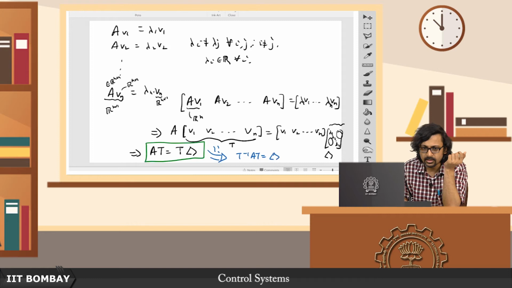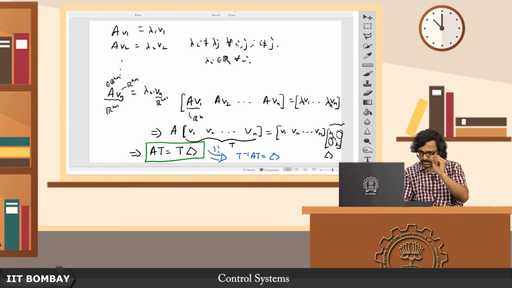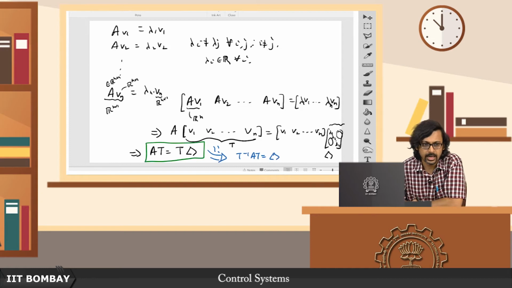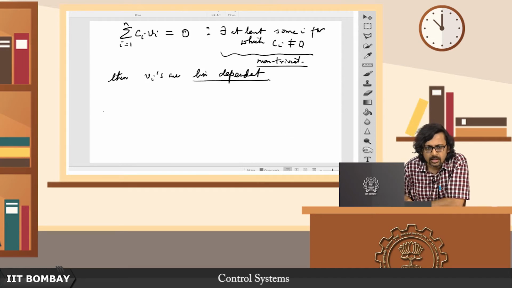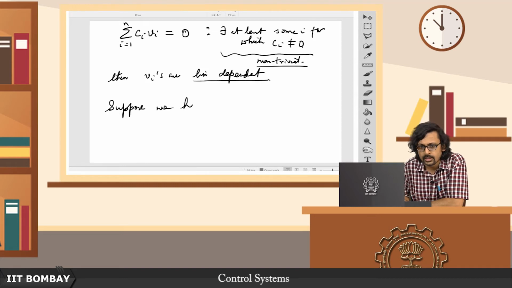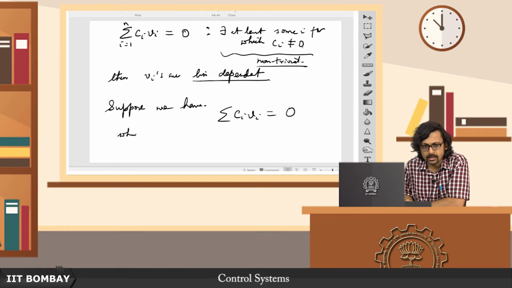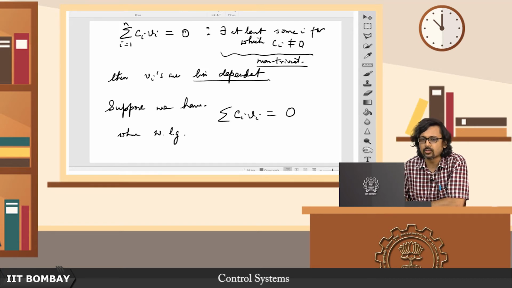So we have come this far, and the only thing that we now need to ensure is that this T is non-singular. So how do we do that? Suppose we have summation Ci Vi equal to 0, where without loss of generality you want at least one of them to be non-zero.